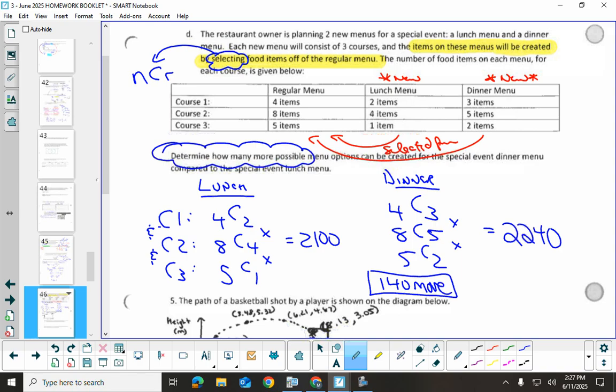140. Because this says 2100 and this says 2240, that has 140 more. Okay, now this question wasn't out of 5 marks, it was out of 7. It was a bigger question. They gave 2 marks for this.